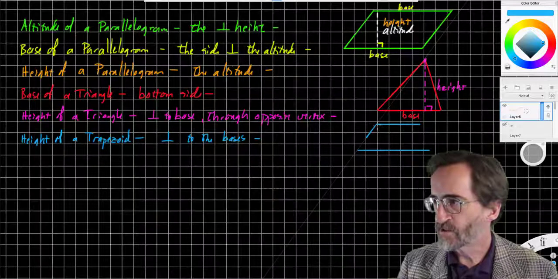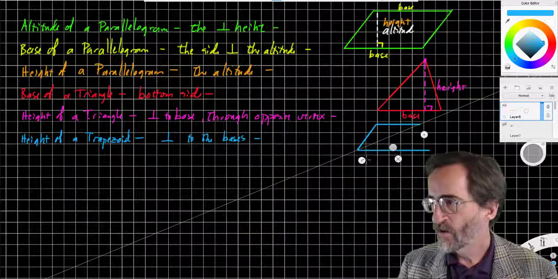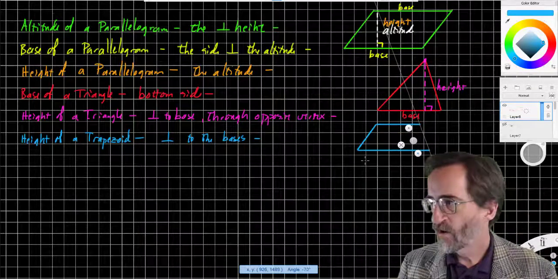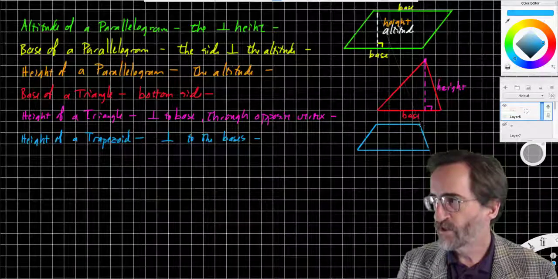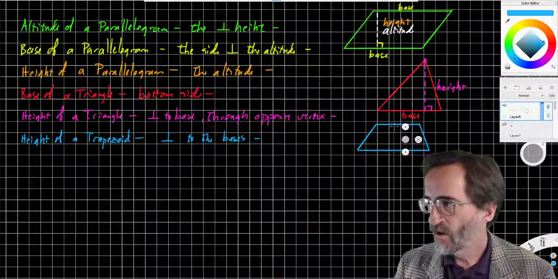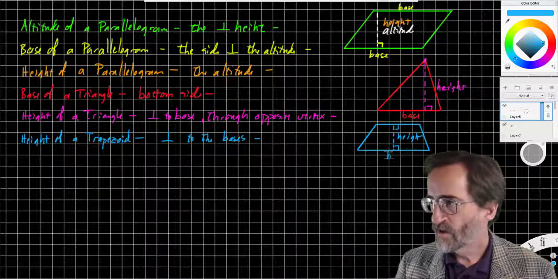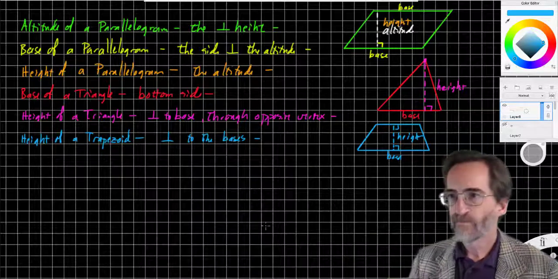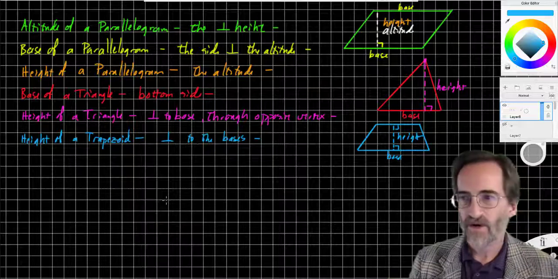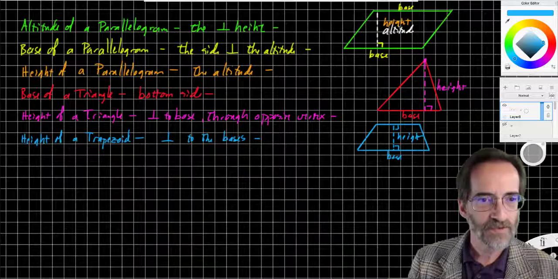Those are called the bases of the trapezoid. The height is measured perpendicular to the base. Perpendicular, height. And I'll go ahead and add the word base there. Oh, they don't ask you to define the base. Okay, that's it from lesson 2.